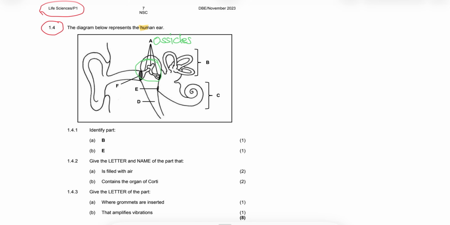All right, next we're going to look at part B. Part B is referring to this whole structure. All right, so this whole structure, as you can see, consists of structures that look like semicircles. So it is known as the semicircular canals.